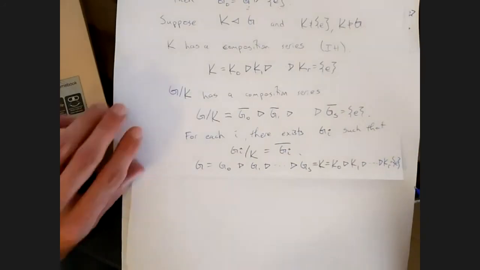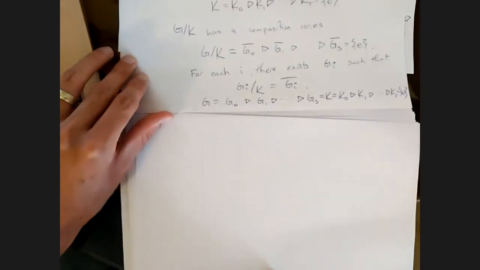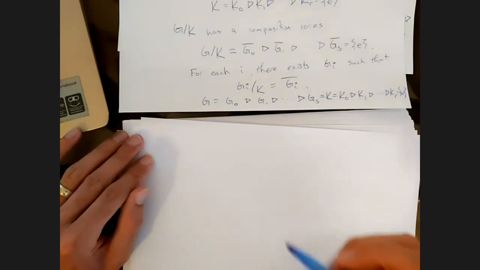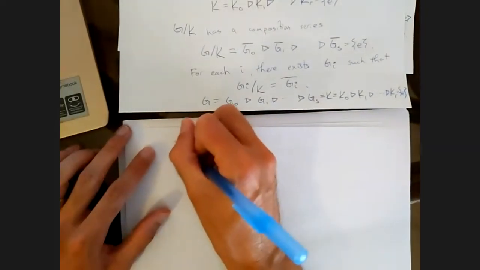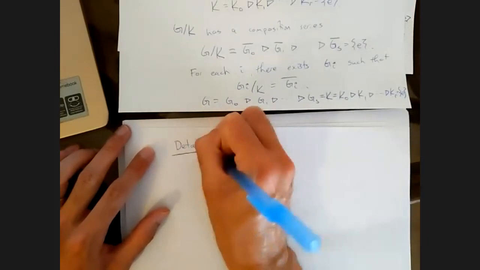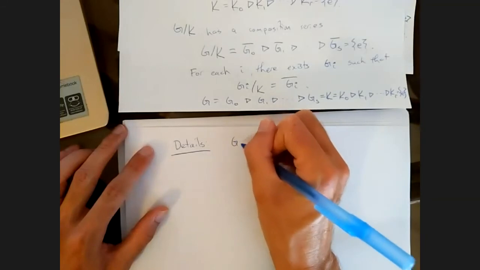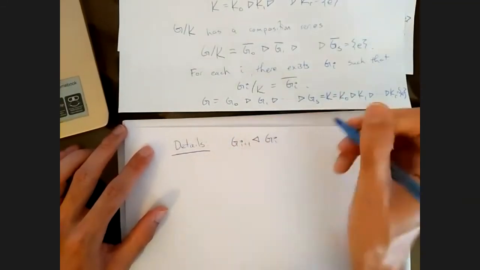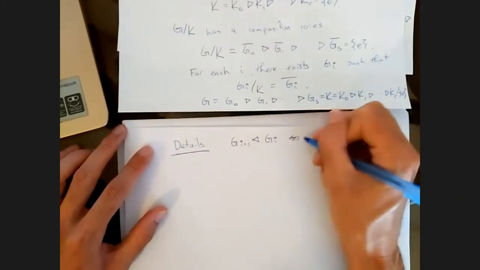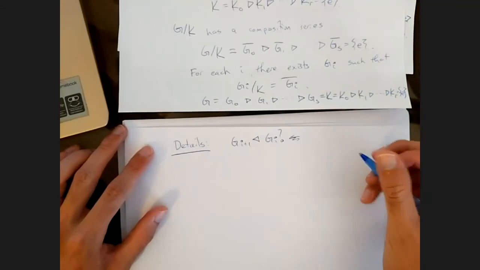I will admit there are some details I left out, which I'll try to fill in now. We need to check that G_{i+1} is normal in G_i.